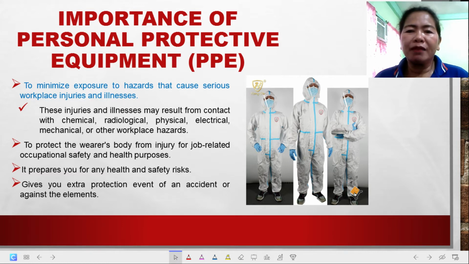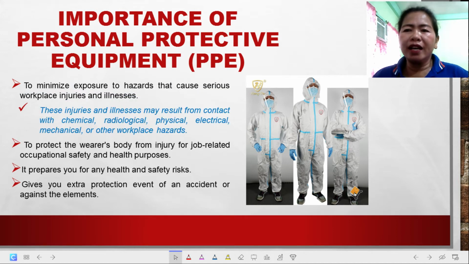So with the protection that the frontliners are wearing in the image that I have shown, they can minimize the exposure to hazards because of the attire or the personal protective equipment that they are wearing.